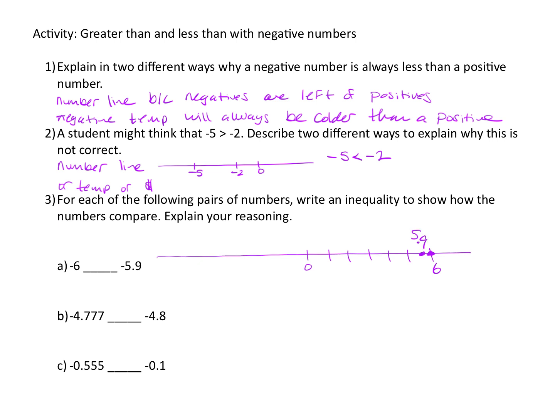Then I'm going to do the opposites: 1, 2, 3, 4, 5, 6. Here's negative 6, and negative 5.9 is a little bit before it. So when I'm comparing negative 6 and negative 5.9, negative 6 is to the left of negative 5.9, so negative 6 is smaller.